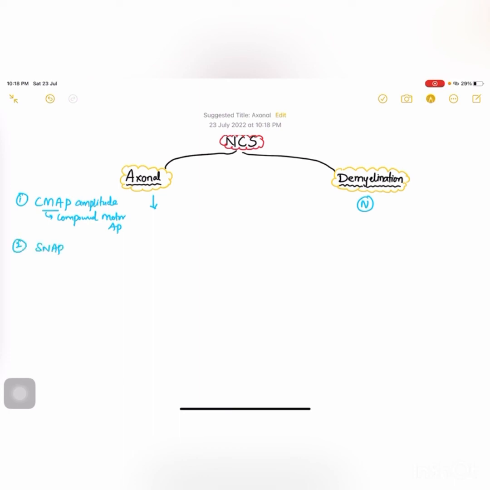SNAP, that is sensory nerve action potential, the amplitude is reduced in axonal neuropathy. In demyelinating neuropathy, it can be normal or reduced, but mostly it is normal. So the amplitudes of motor and sensory action potentials are decreased in axonal neuropathies, whereas they are normal in demyelination.